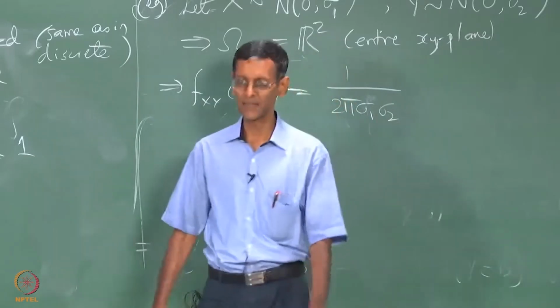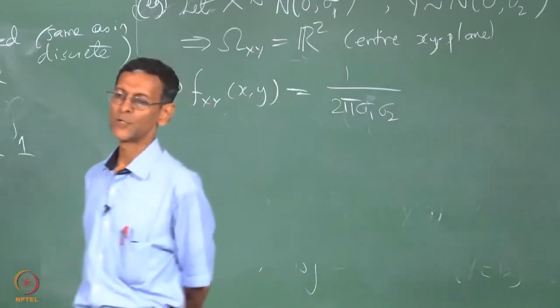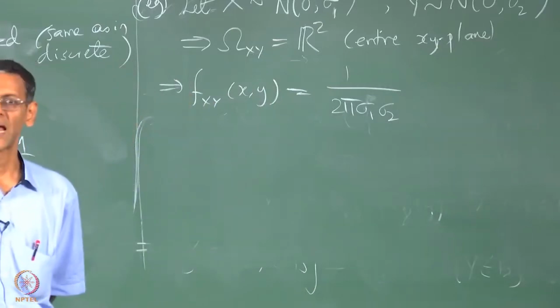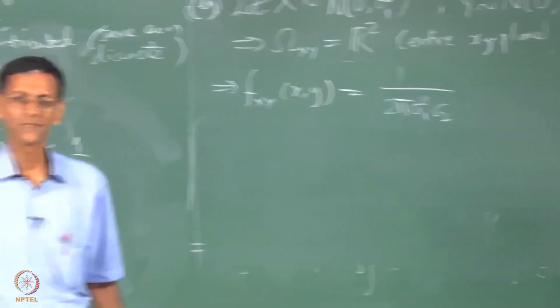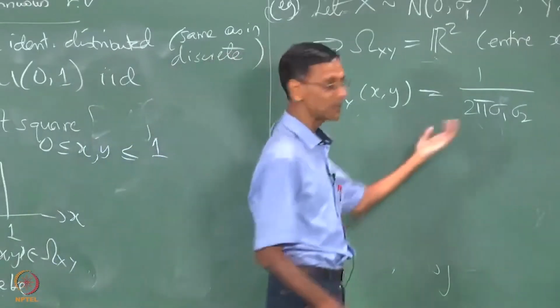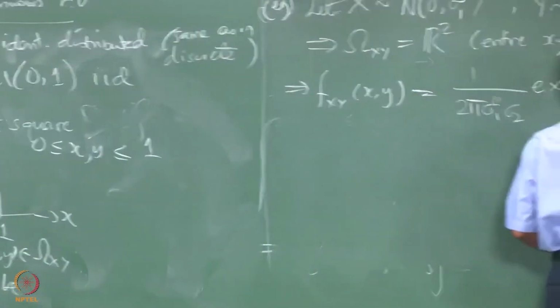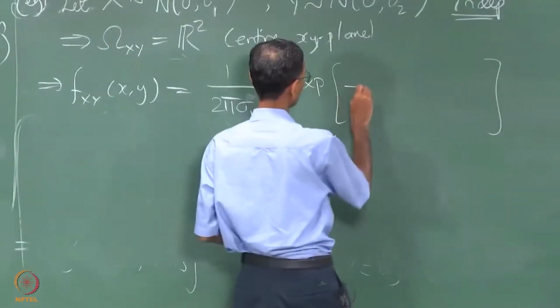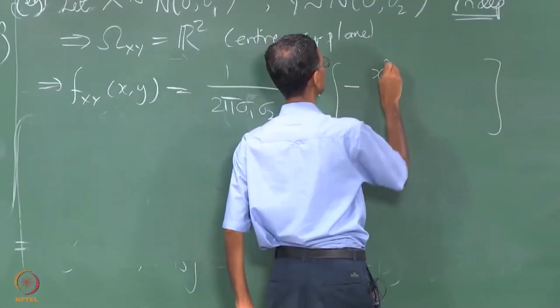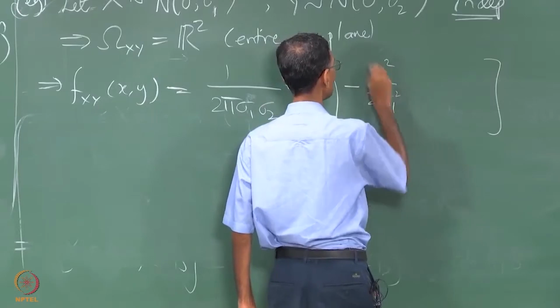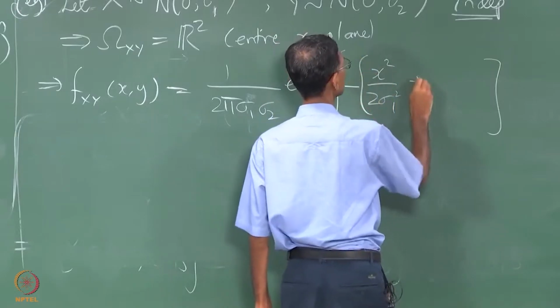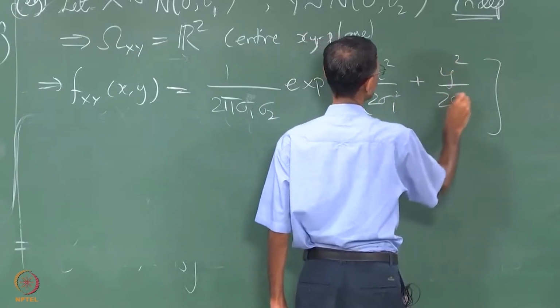Now the interesting part is just algebraically that when you take the product of two exponentials, you can add the arguments. That is a crucial thing here in terms of simplifying this. Later on we will do a lot of manipulations with this. So in this case, what does the manipulation tell you? It is e to the power minus x squared by 2 sigma 1 squared, and you can put one more bracket out here because this is the common way in which this is written.